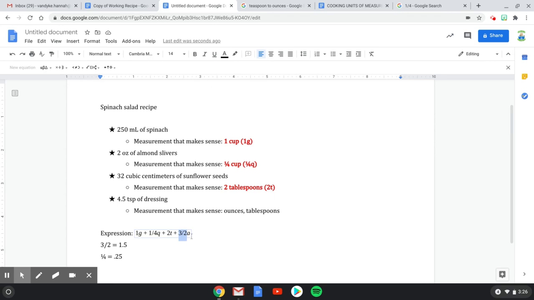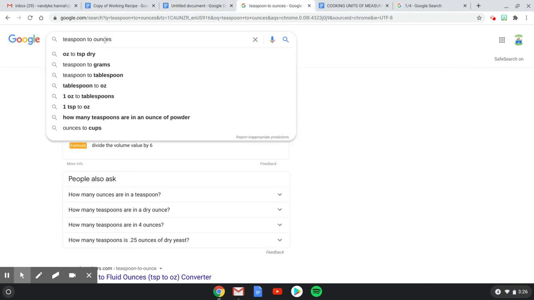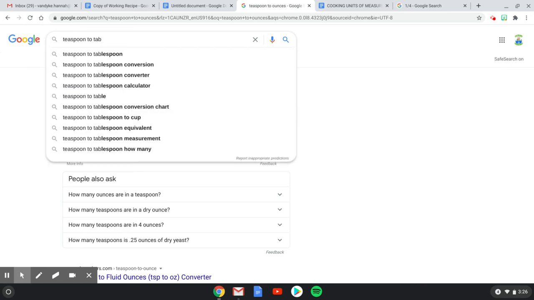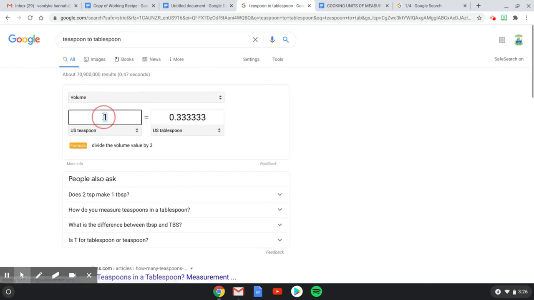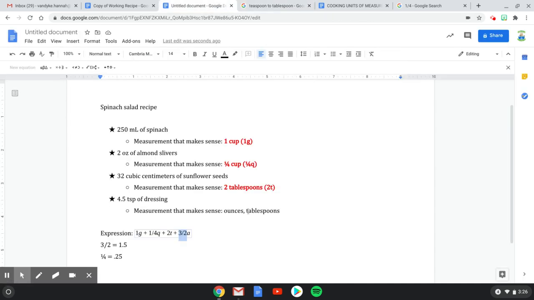That is not 1.5, which is what I need. So let's try going from teaspoons to tablespoons. And again, I had 4.5 teaspoons. Perfect. That gives me 1.5 tablespoons. So I know ounces is not correct. Tablespoons is correct. And now I am done converting my units for my recipe.